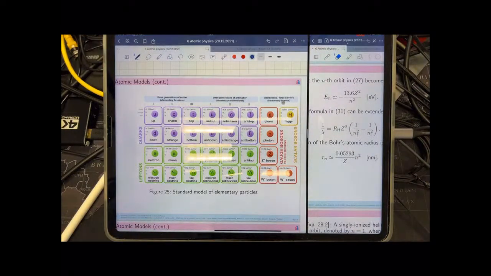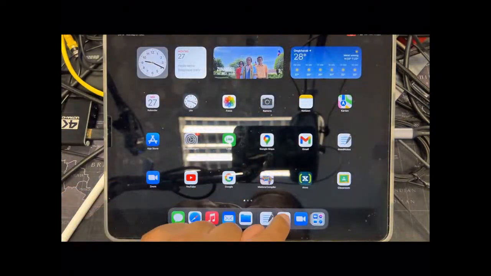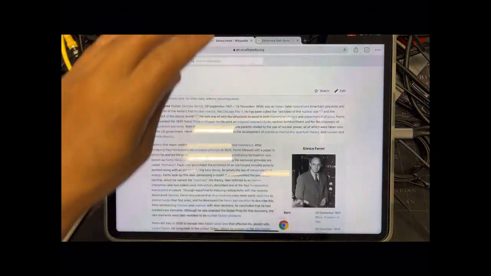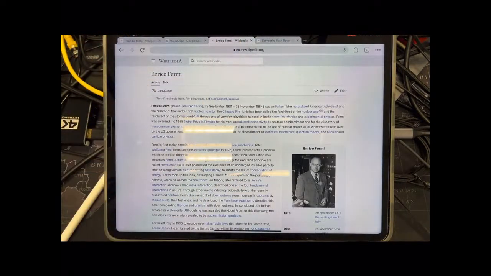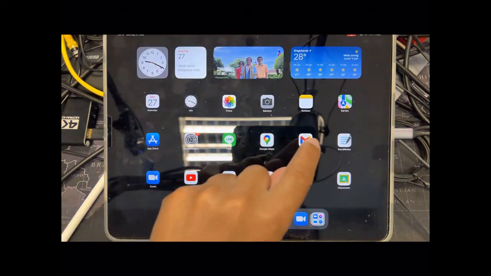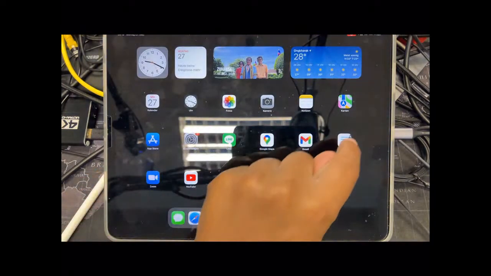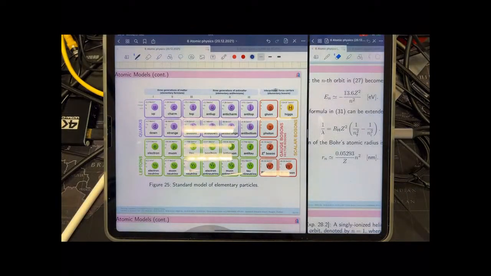Boson comes from the surname Bose, and fermion comes from the name Fermi, Enrico Fermi, a famous physicist from Italy. He's Italian, and there are two parts, fermion, whether it is violet or green.